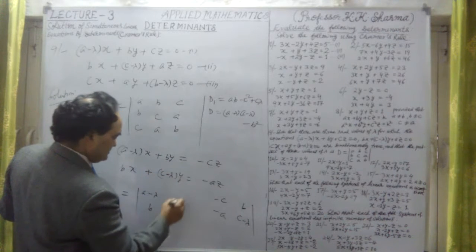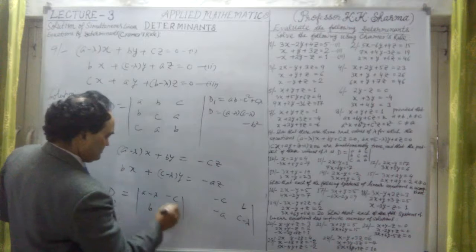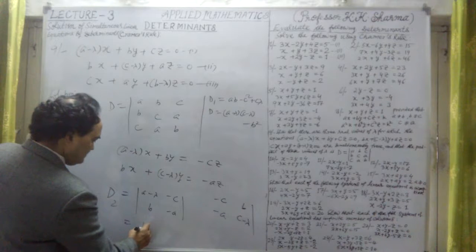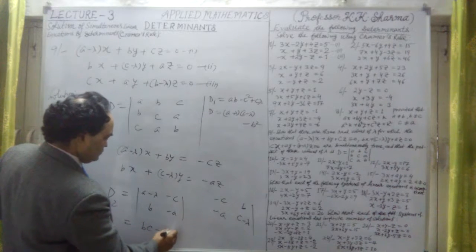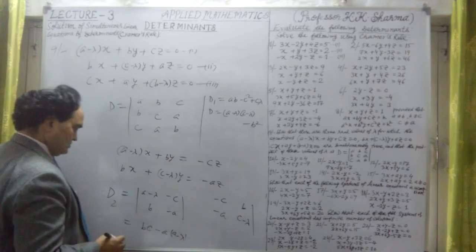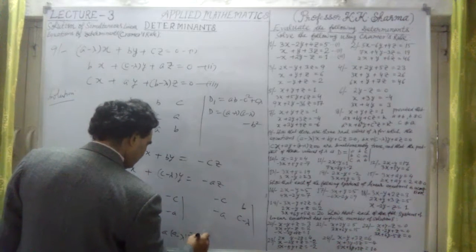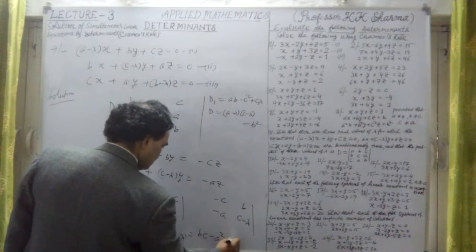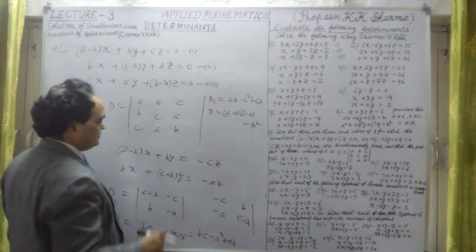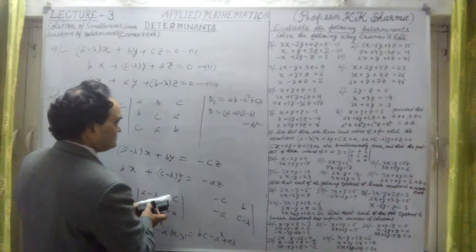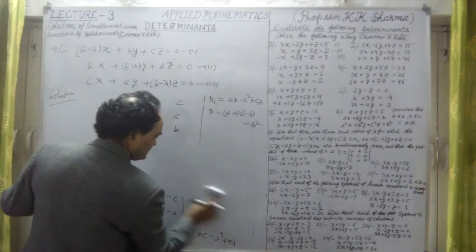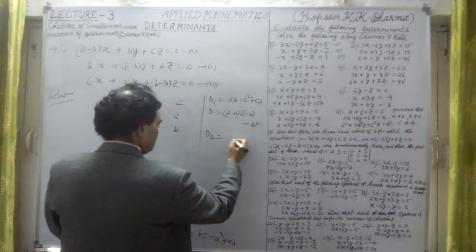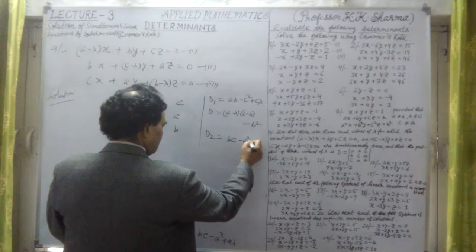The coefficient of y will be replaced by this, minus C and minus A. D2 comes out to be minus A into this, and this is minus 1, plus BC, minus sign A into A minus lambda. Okay, so this comes out to BC minus A square plus A lambda. This is the D2 value. Now let me write what these three values are. Therefore, for the value of x, and this is D2 here, D2 is BC minus A square plus A lambda.